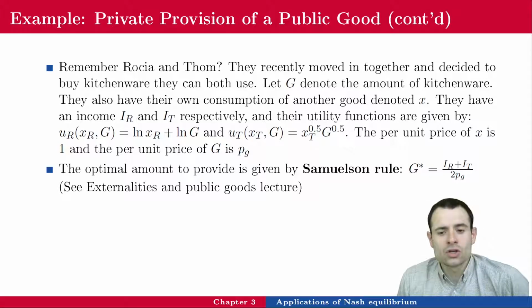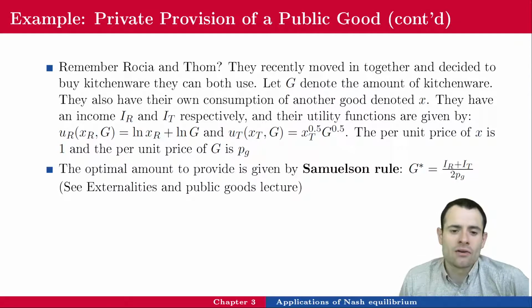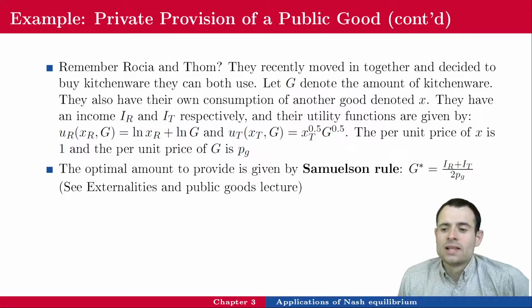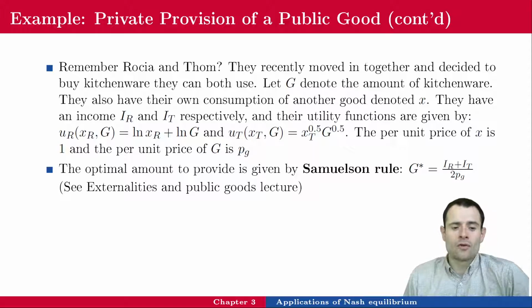We could also replace each private consumption of the private good XR and XT by a function of big G. And finally, we found that the optimal amount to provide was equal to the sum of both of their incomes divided by 2 times the price of 1 unit of kitchenware. I will refer you to this lecture to see how to compute it.